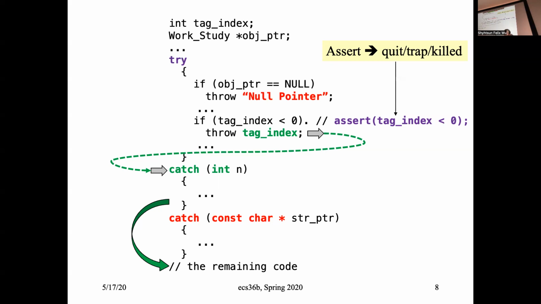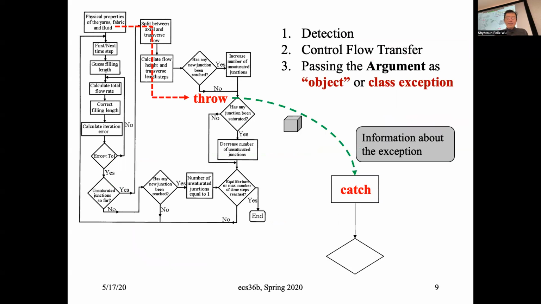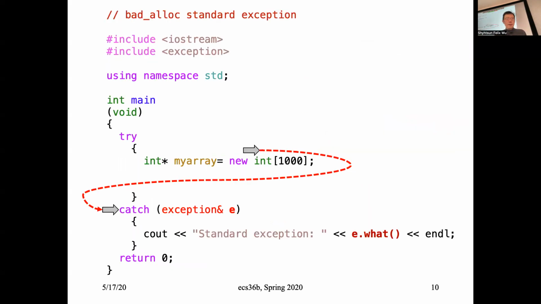For example, you might want to clean up, you might want to save the state, you want to do a lot of stuff. That's a significant difference between using throw and catch versus using assert. Okay, thank you.